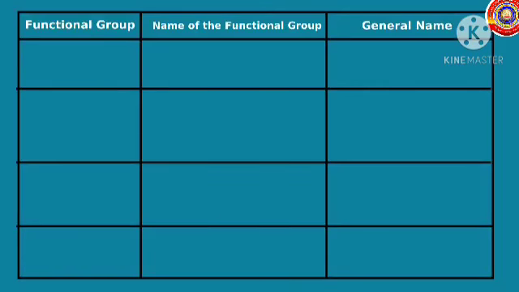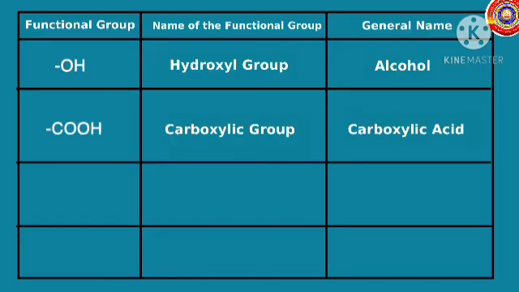Look at the table. The compounds having the OH hydroxyl group as the functional group are commonly called alcohols. And the compounds with the functional group COOH, the carboxyl group, are known as carboxylic acids. The next functional group is alkoxy.